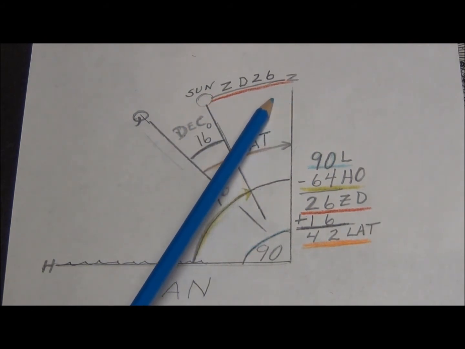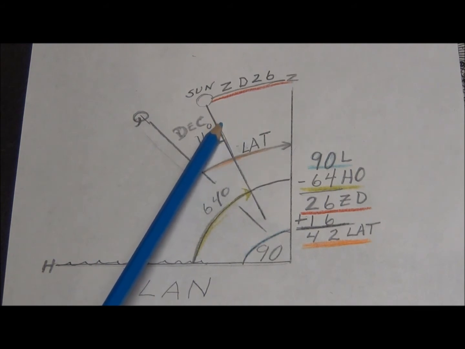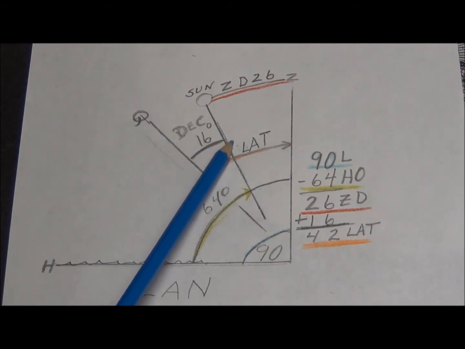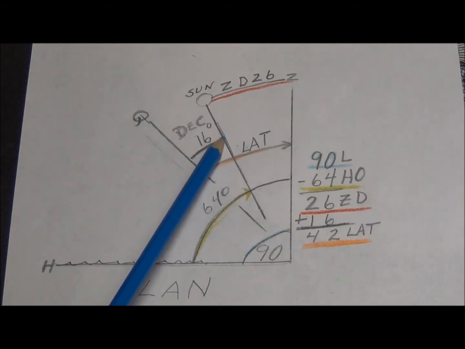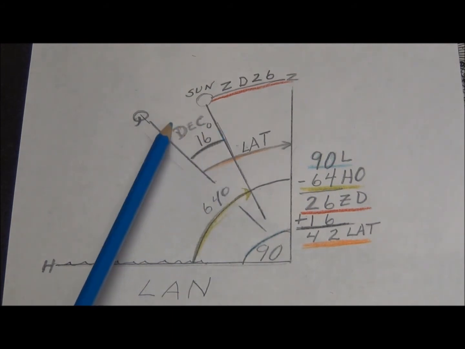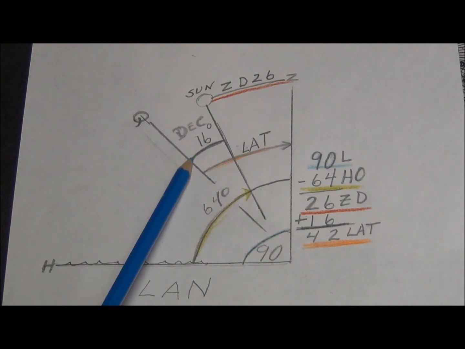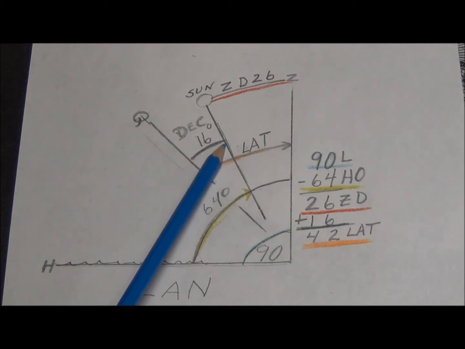So now that you know the zenith distance, you can go into the nautical almanac and come out with the declination of the sun. The declination is similar to latitude. The declination of the sun, in this case, in the nautical almanac, is 16 degrees north.